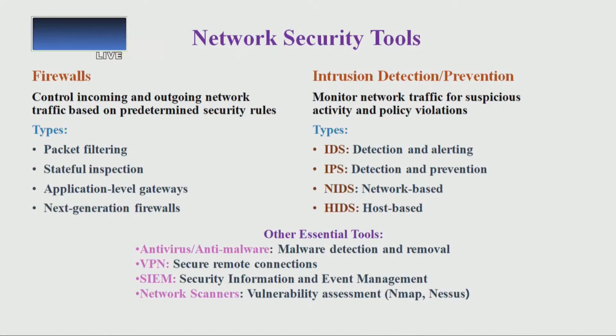How do these predetermined security rules work? Security rules work at layer 4, the transport layer, where you use source and destination, meaning sender and receiver, and a logical port number. The functions of firewalls include packet filtering. It sees the packet by inspecting the header of the TCP/IP packet: what source it has, what destination it's going to, and what port it is.